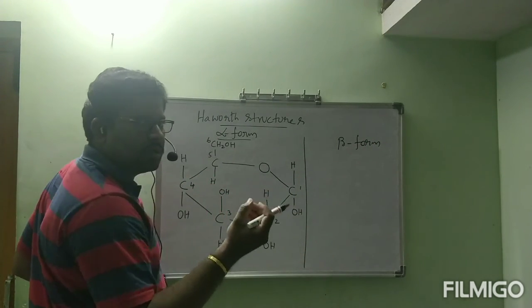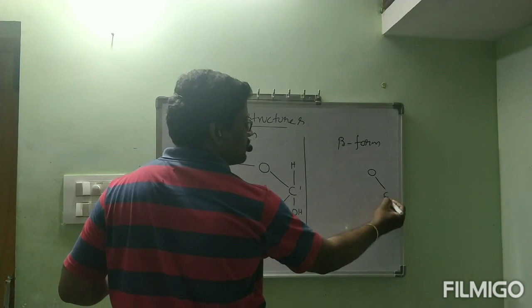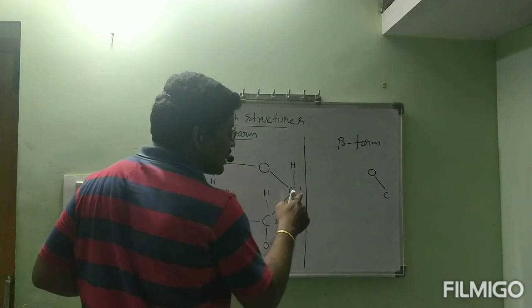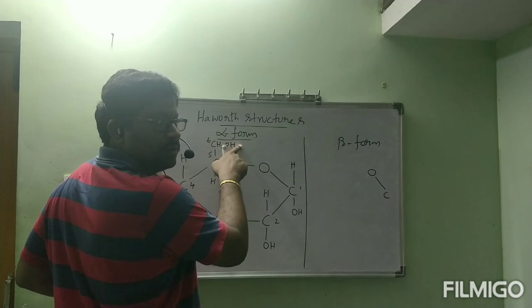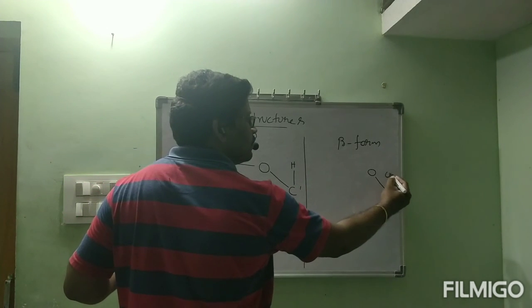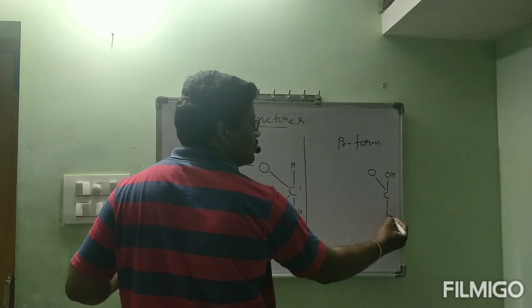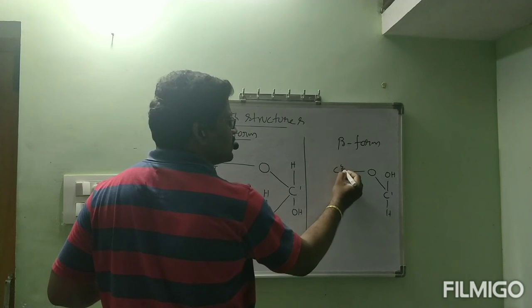A little bit smaller I am writing now. Oxygen bonded to carbon. First carbon, hydrogen is above and OH is below in alpha form. Correct? Now in beta form, OH will be above, H will be below. This is first carbon. Now oxygen is bonded to fifth carbon also.